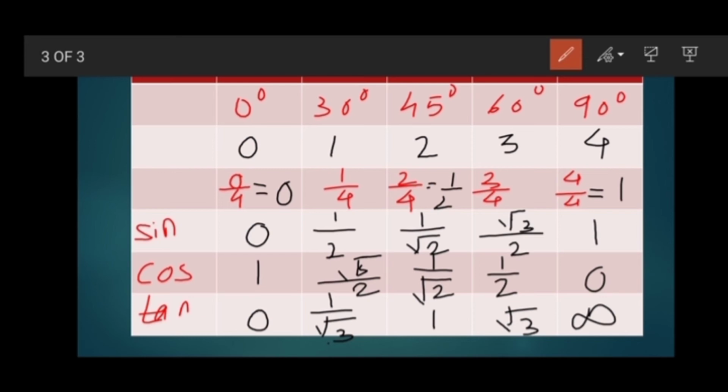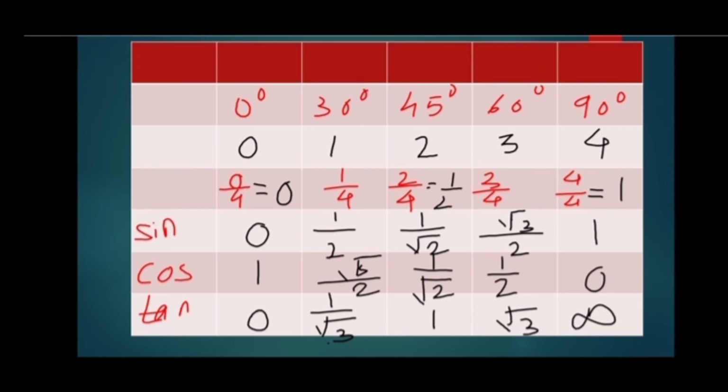So in this way we got values for all these three ratios for 0 degree, 30 degree, 45, 60, 90. Sine 0 will be 0, cos 0 will be 1, and tan 0 will be 0. Same way for 30 and 45 you should check it here.